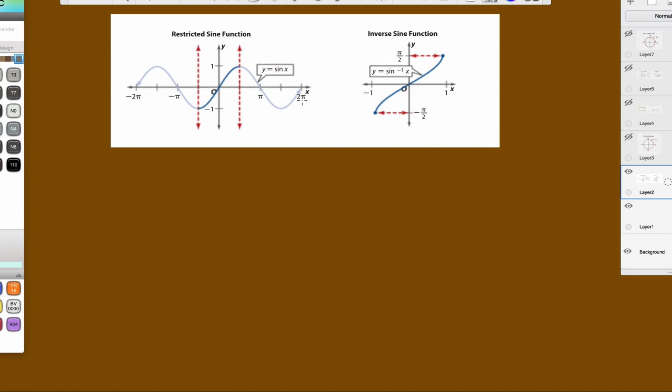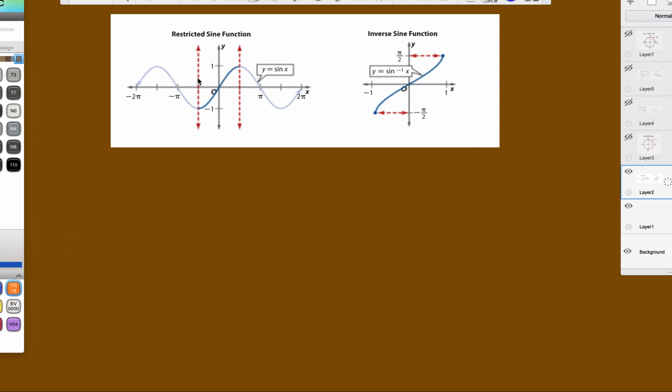So I'm going to show you what we do to show inverse sine. We have to restrict, because the sine function goes up and down and doesn't pass the horizontal line test. Look here. I'm going to change the color so you can see it.